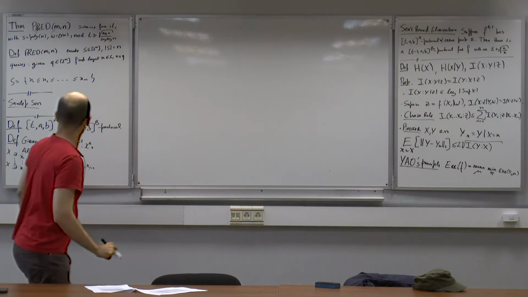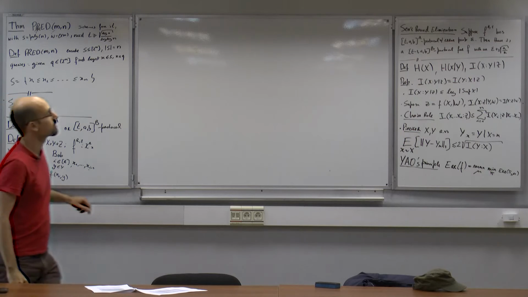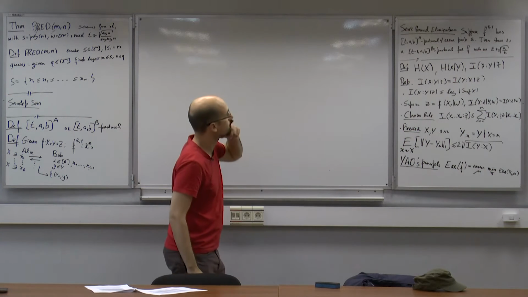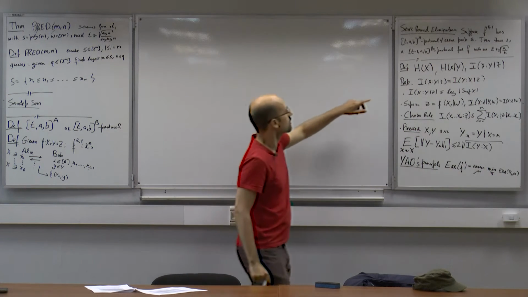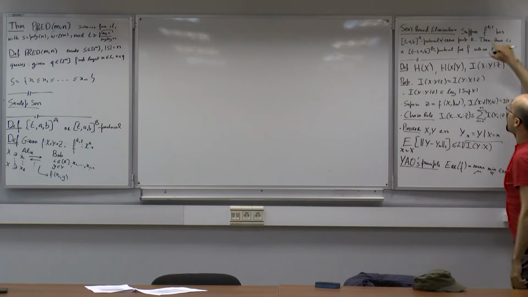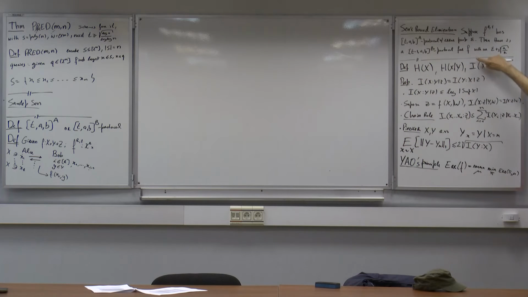Okay. So now let's try and prove Sen's round elimination. Here's what I want. I want to construct a randomized protocol for f using randomized protocols for f of R1. And I'm going to use Yau's lemma.